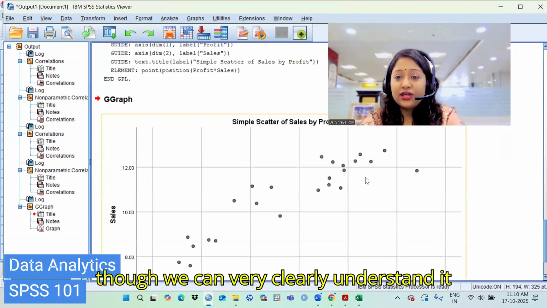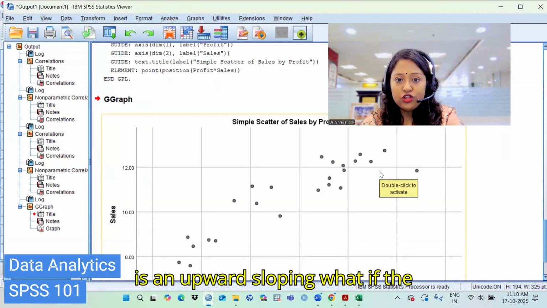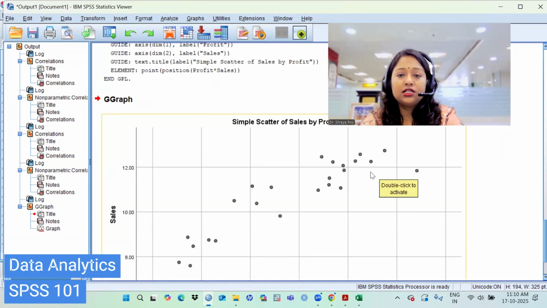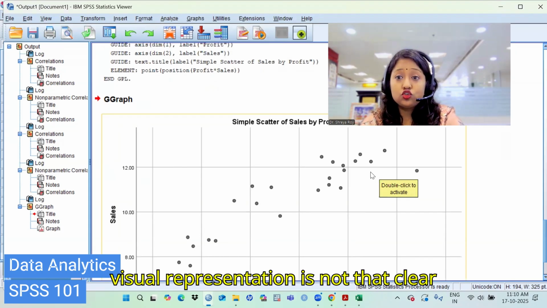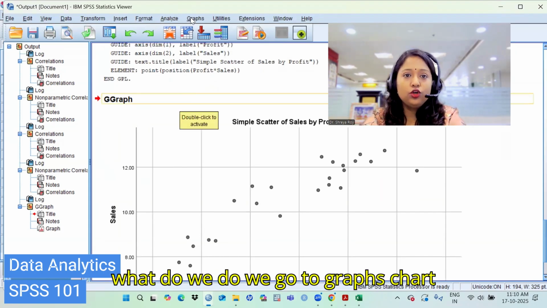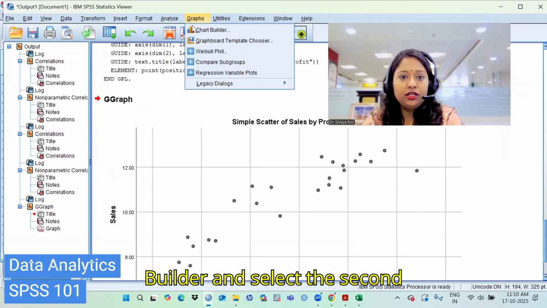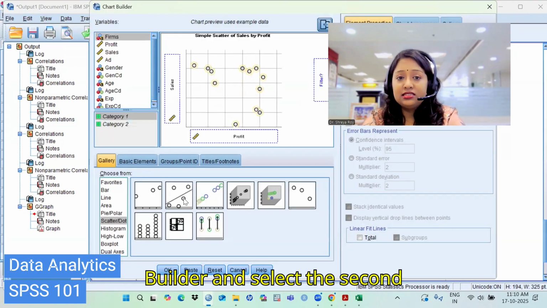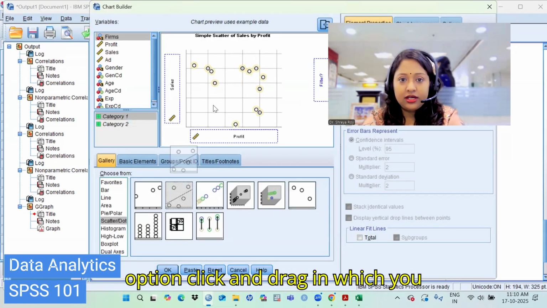Though we can very clearly see it is upward sloping, what if the visual representation is not that clear? We go to graphs, chart builder, and select the second option, click and drag.